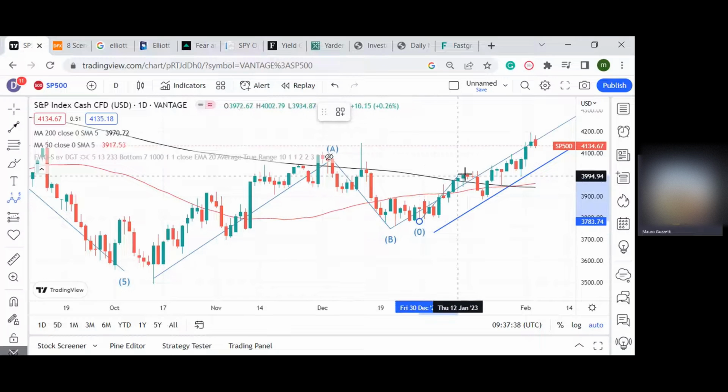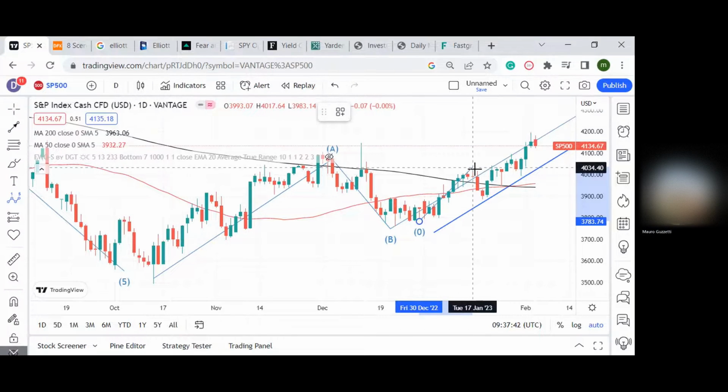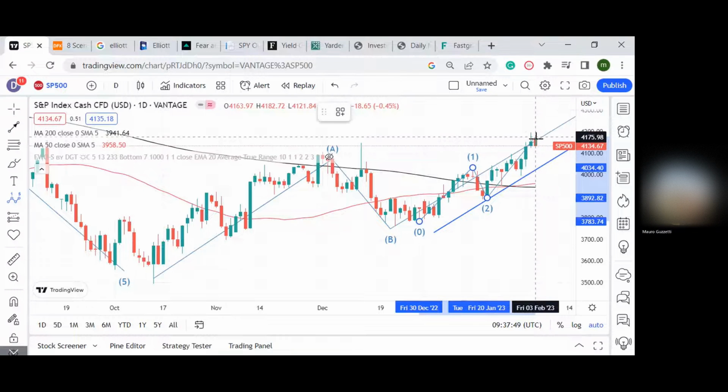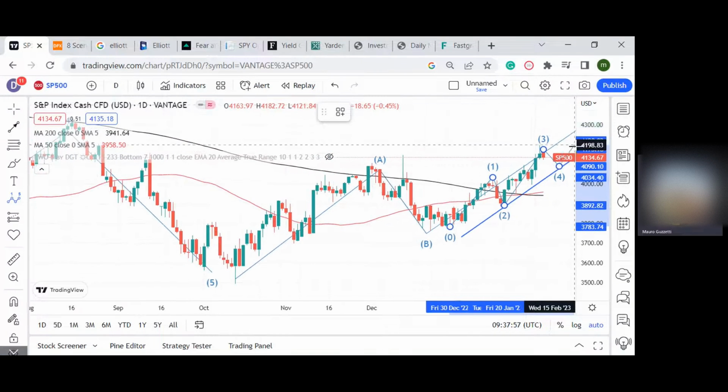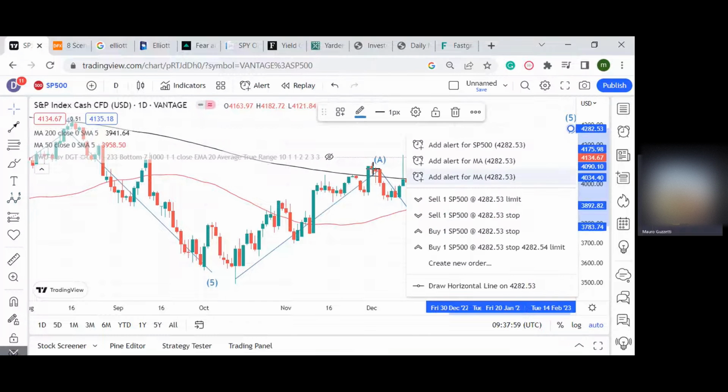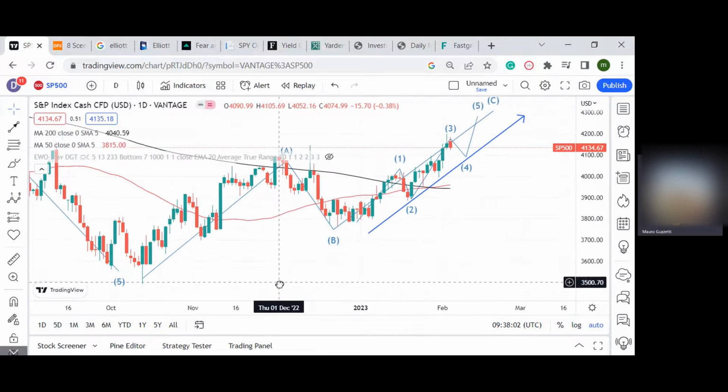Okay, it started here, wave 1, wave 2, wave 3. We probably gonna have a wave 4, and then we're gonna have a wave 5 that is supposed to end around 4,300.